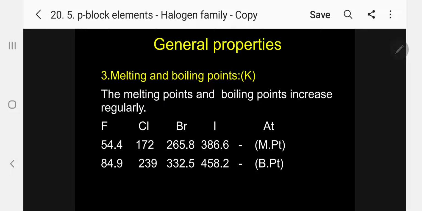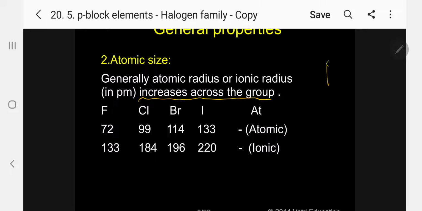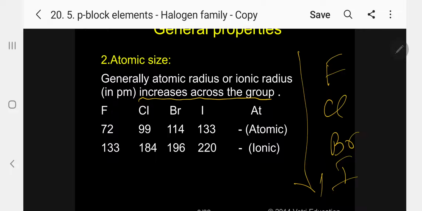Now, coming to melting and boiling point. Kindly follow: I have given the atomic and ionic radius, which generally increases down the group for fluorine, chlorine, bromine and iodine: 72, 99, 114, 133.